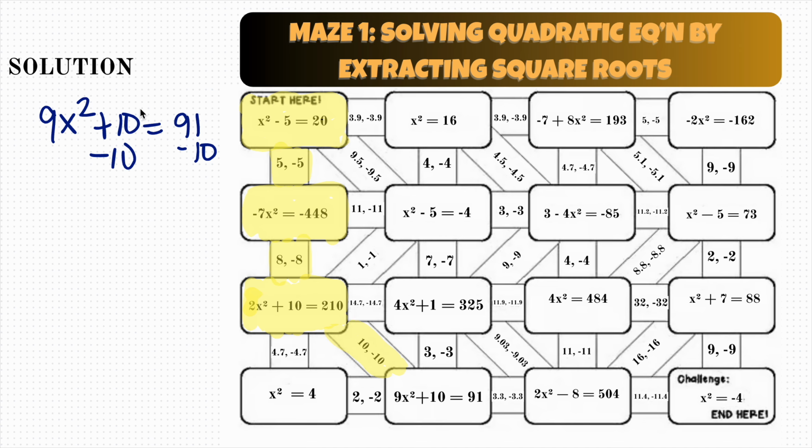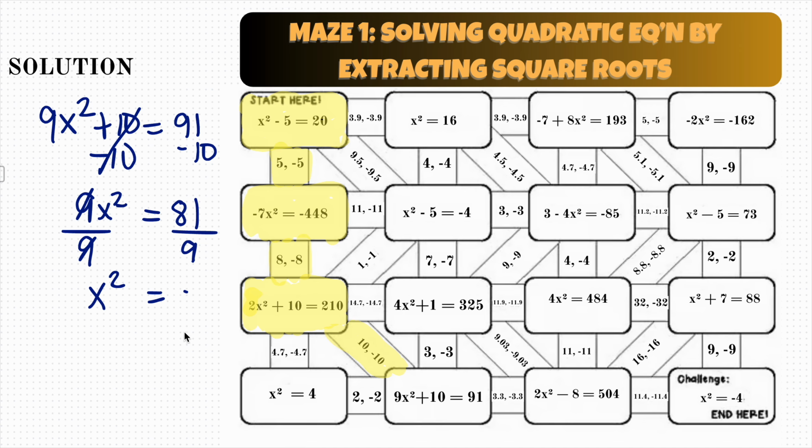So we cancel this constant and the remaining would be 9x squared equals 91 minus 10, which is 81. Dividing both sides by 9, we will cancel this one because the answer is 1. 81 divided by 9 is 9.